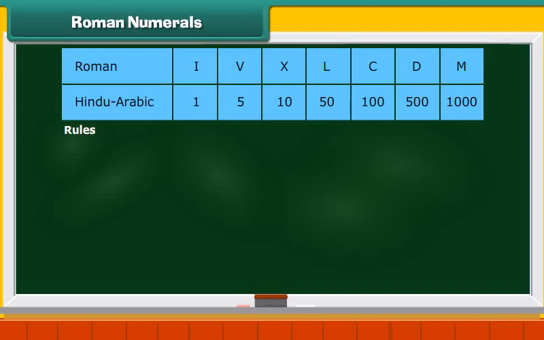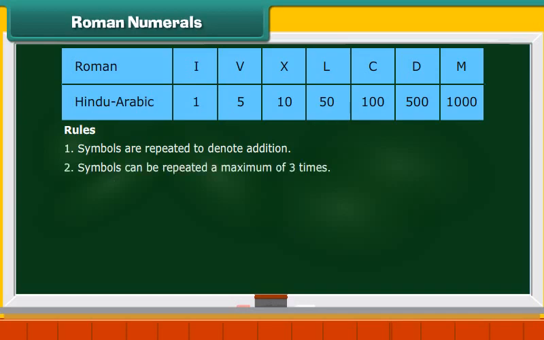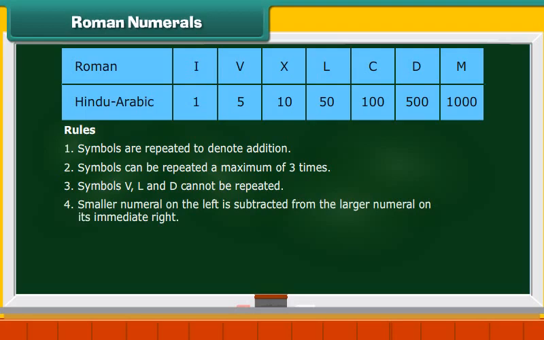Smaller numeral on the left is subtracted from the larger numeral on its immediate right. Number 5. Smaller numeral on the right is added to the larger numeral on its immediate left. Number 6. Smaller numeral between two larger numerals is subtracted from the one on its immediate right.